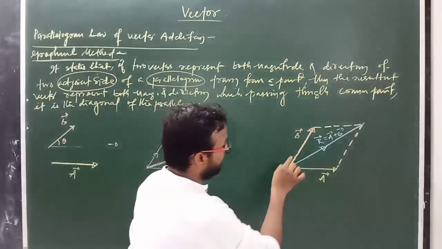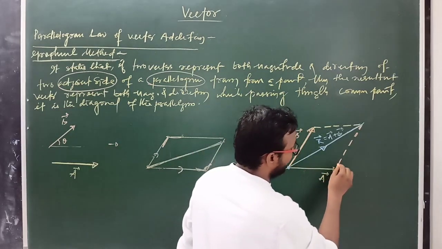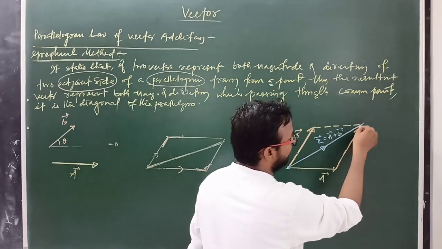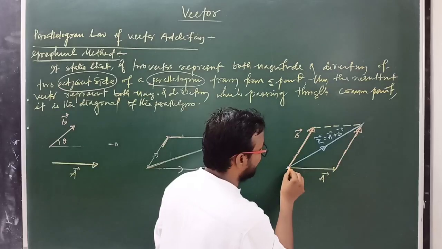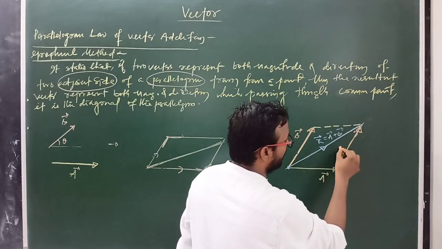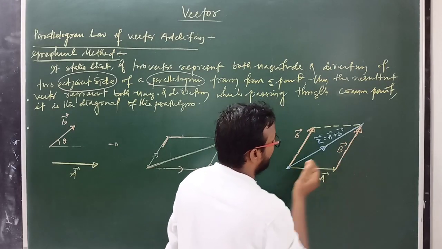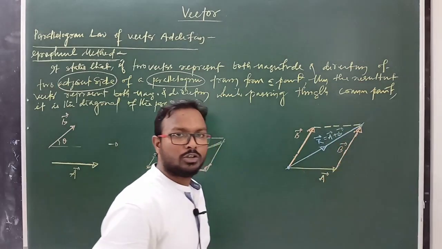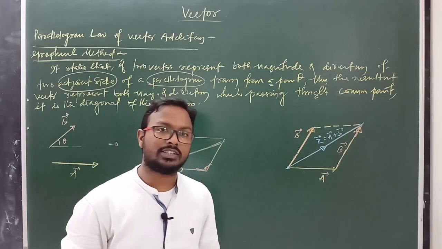Clear? We can shift B vector to this point by the parallel shifting method, and this is known as B vector. You can say A vector, B vector are in the same order, and the resultant vector is in the opposite order, which was the triangle law of vector addition.